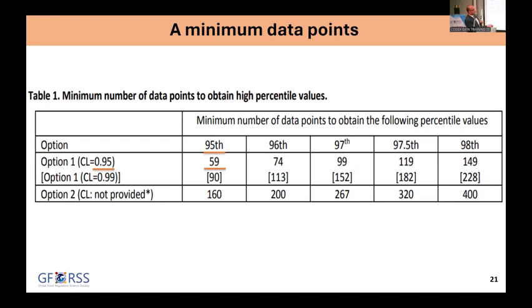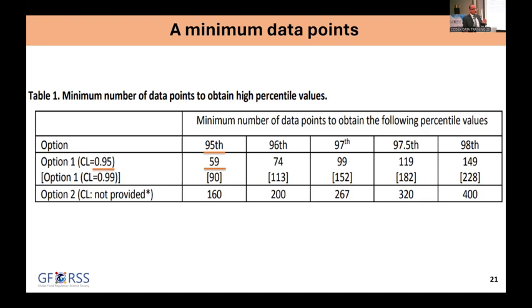And as you can see, the more I go in the percentile level, the number of samples needed will be higher. Obviously, the same here. How about if I don't have a confidence level to be estimated? Obviously, in this case, numbers will increase up to 400 data points to be used in order to generate, let's say, an ML based on the 95th percentile.